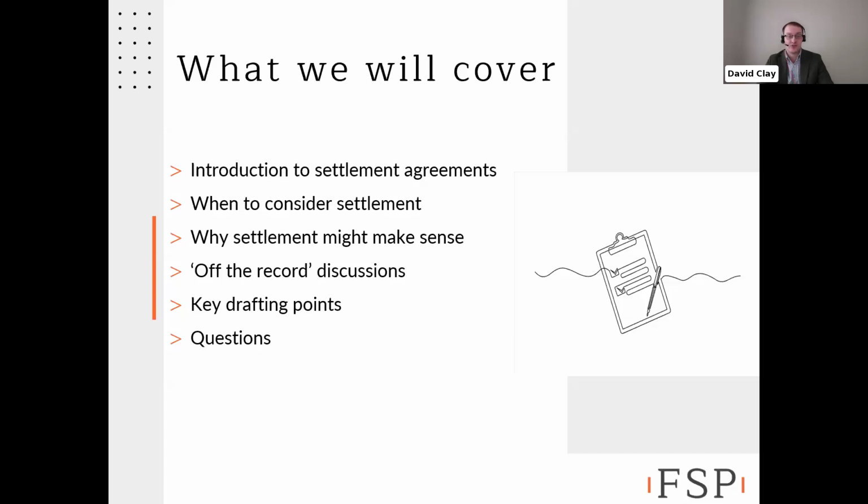And then I'll finish off towards the end of the talk running through some key drafting points. So obviously the financial points that you want to cover, and also some important non-financial elements to apply your mind to as well. And hopefully if we've got time at the end, then I'll answer a few questions. So do put those in the Q&A box as we're going through.